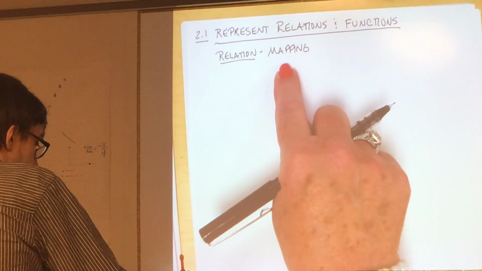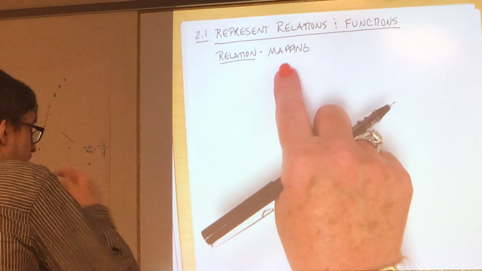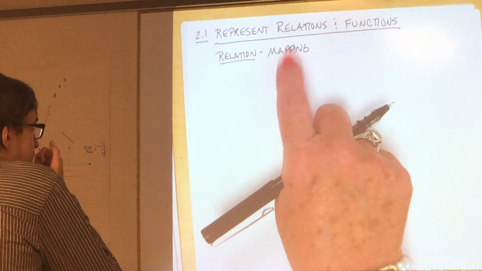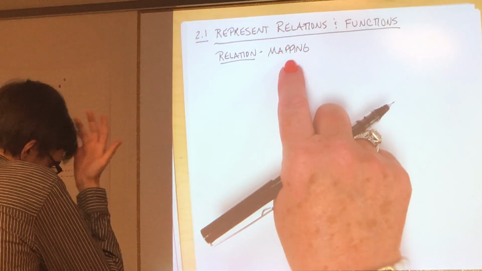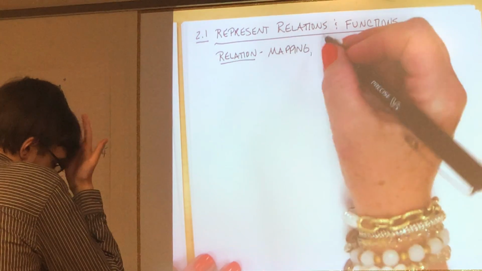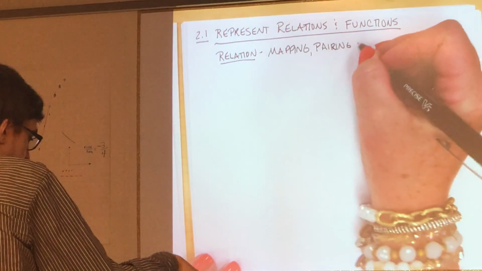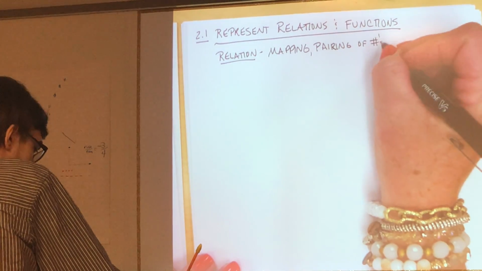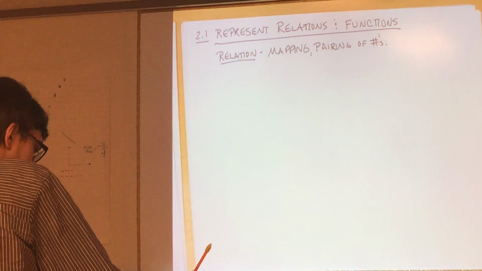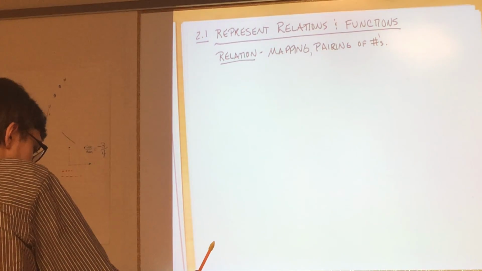I can make more kids mess up on a mapping than on anything else, so this is the one that we'll practice the most. But it's a mapping or a pairing of numbers. So when you pair two numbers together, then that's a relation between that X and that Y.